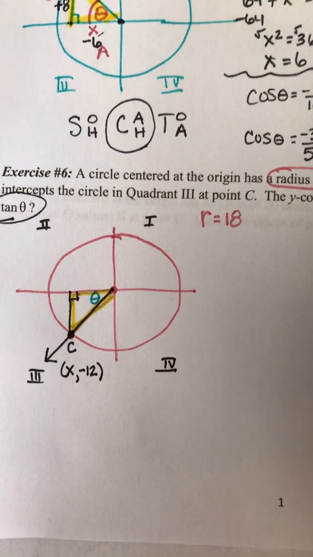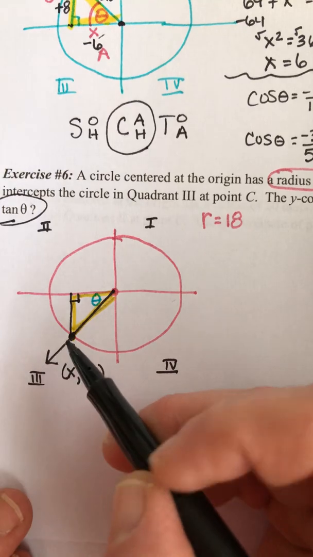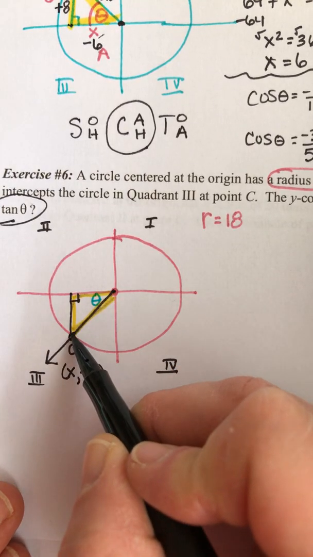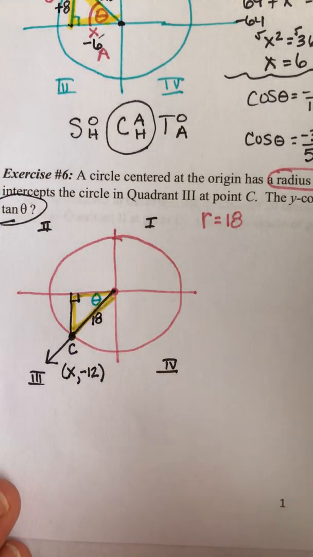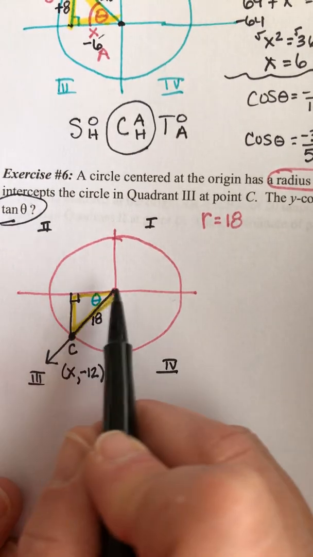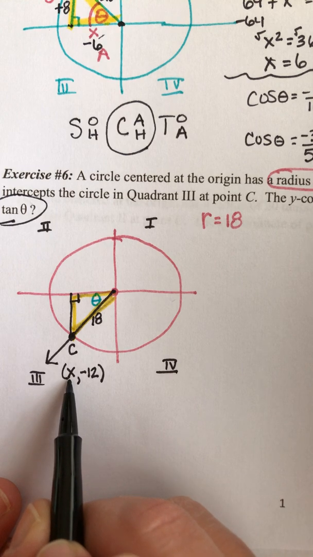Okay, it told me that the radius is 18. That's any radius. The radius is a segment from the center to a point on the circle. My radius in this triangle goes from the center to the point on the circle, so I know that this is 18. Okay, I need one more side length on my triangle here. I'm going to look to my values here. I don't have anything for the x value.